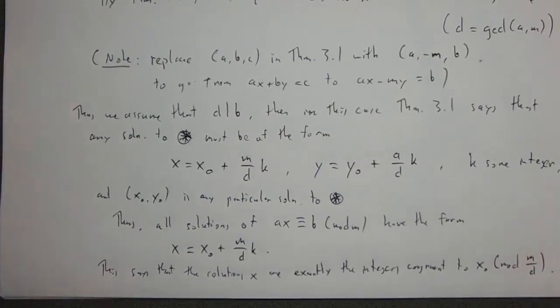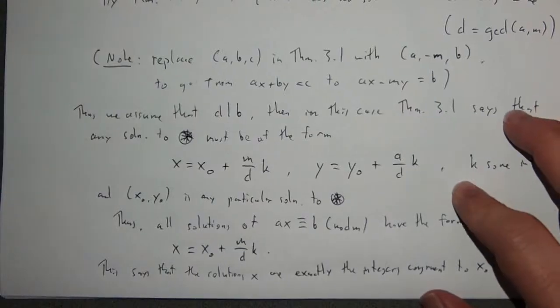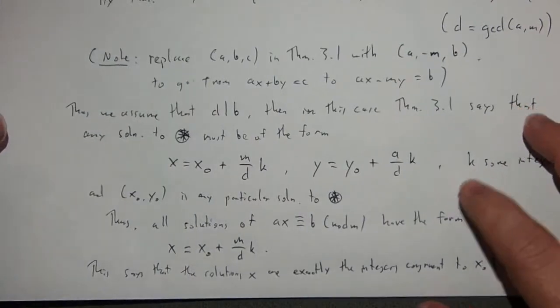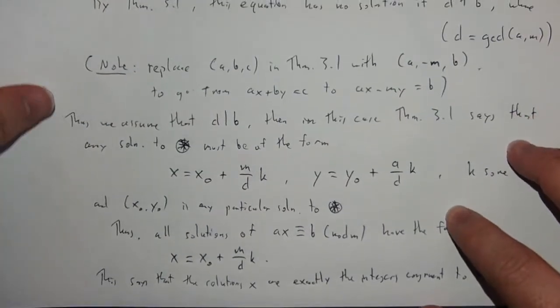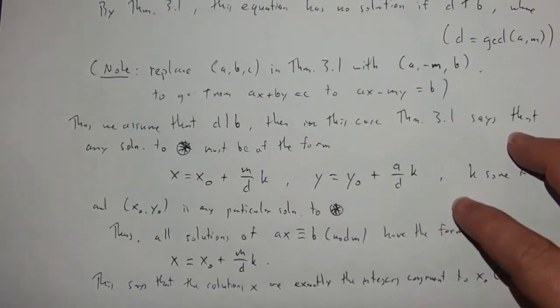This is actually just the definition of being congruent to x naught mod m over d. Okay, so keeping track of what we have to prove in order to be done, I now have to consider when or whether two solutions are distinct mod m.